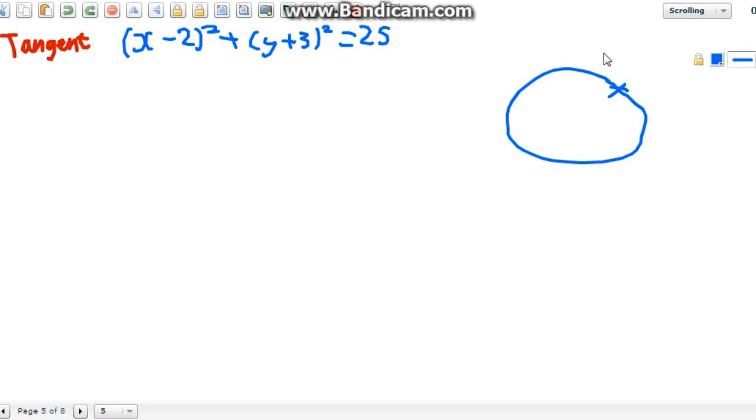Let's call it 2, 4. This is our centre, and the coordinates of that are 2, minus 3.